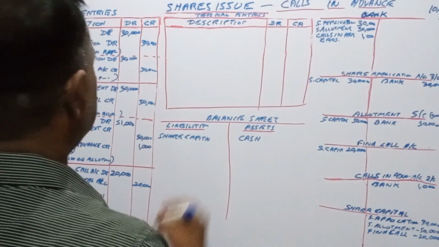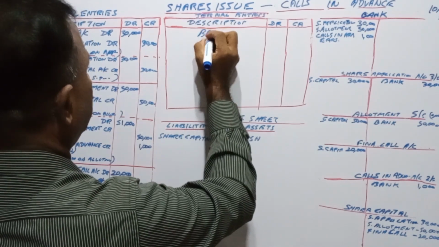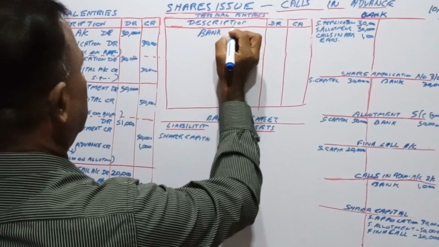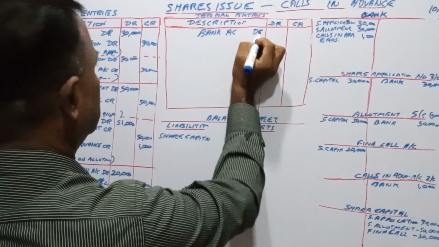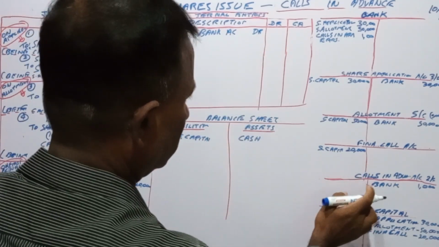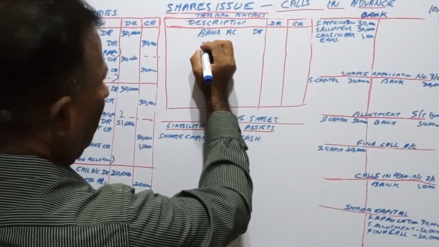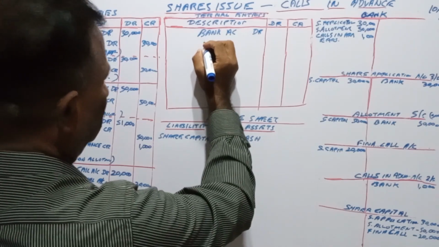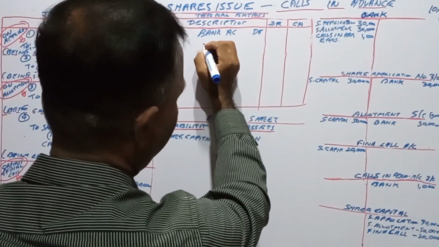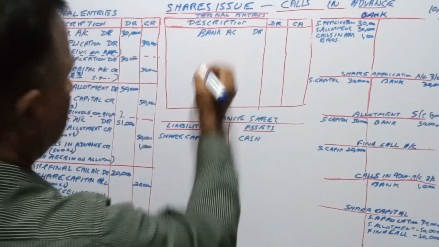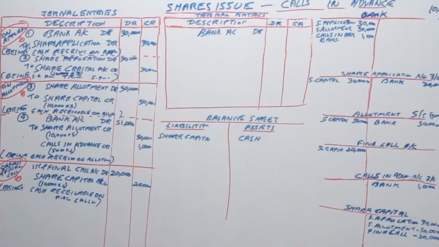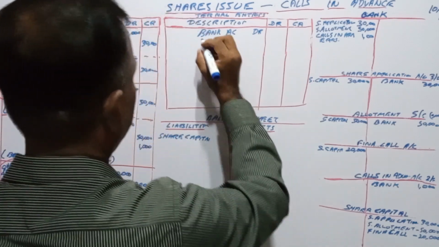Then when cash is received, bank account is debited and calls in arrears account is debited.